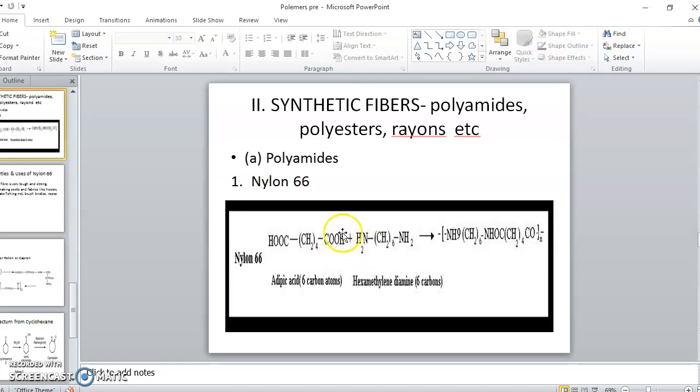Hydrogen and an OH group will be eliminated, and you will get NH single bond, CH2 6 times, single bond, NHCO, CH2 4 times, CO. This is the polymer called nylon 6,6.